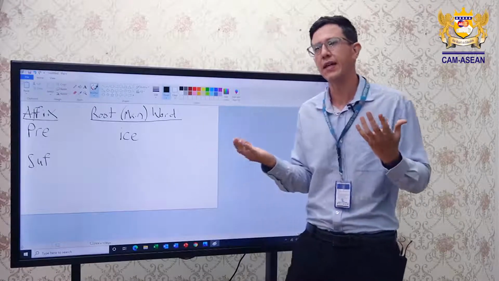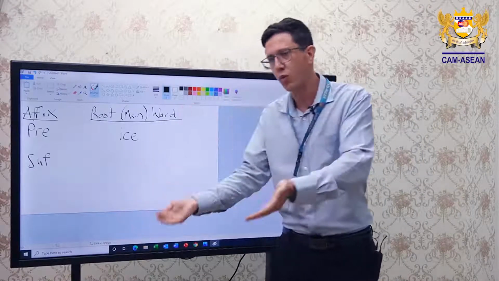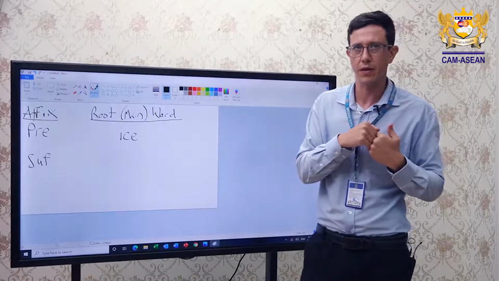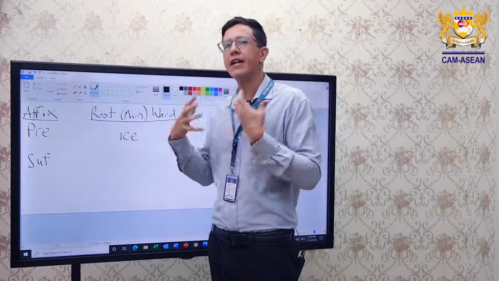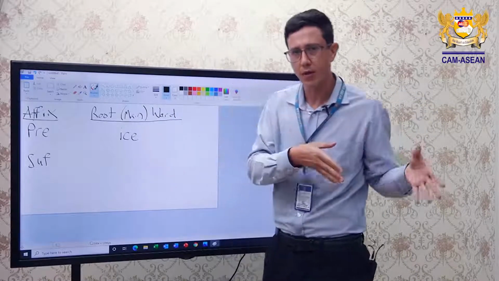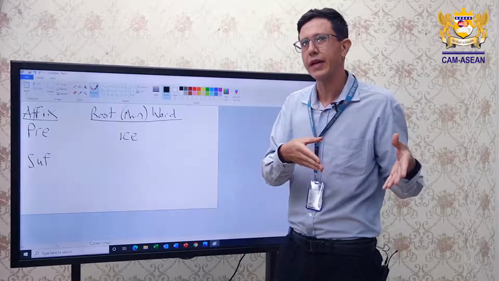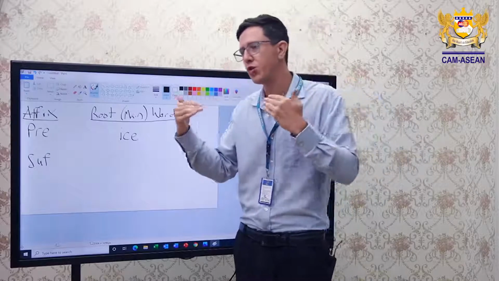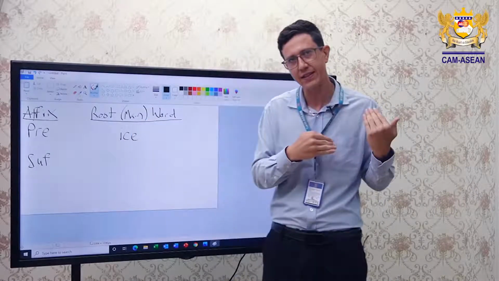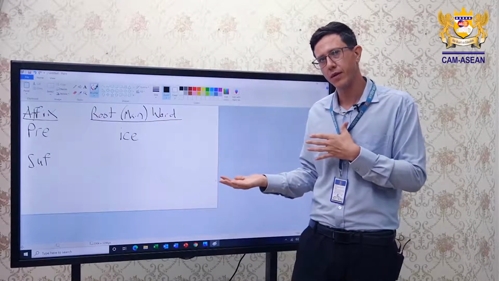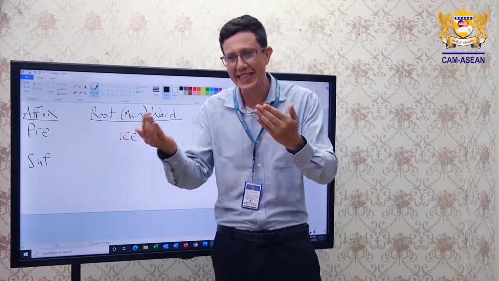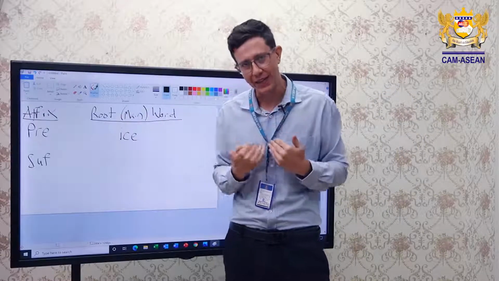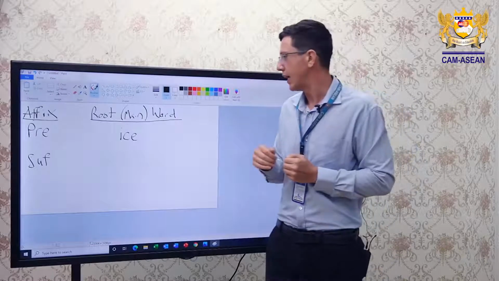Maybe I want to say there is ice or remove ice. There is ice on my moto. So instead of making a lot of words, I need to remove the ice from my moto. I can just say de-ice. De-ice my moto. And that's all we're doing.